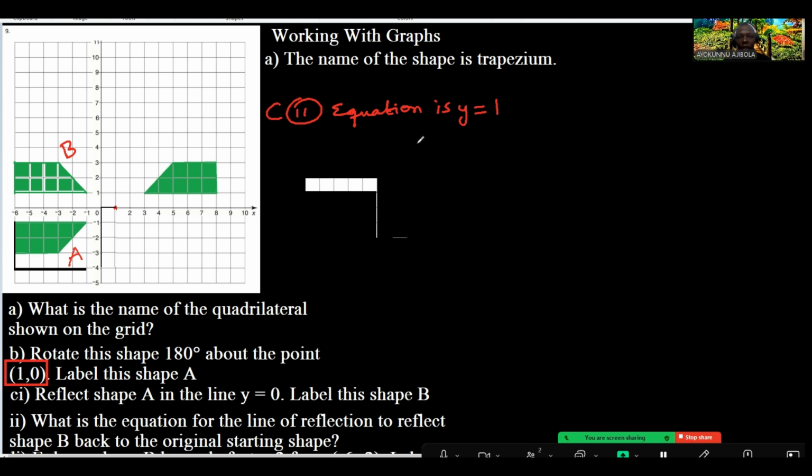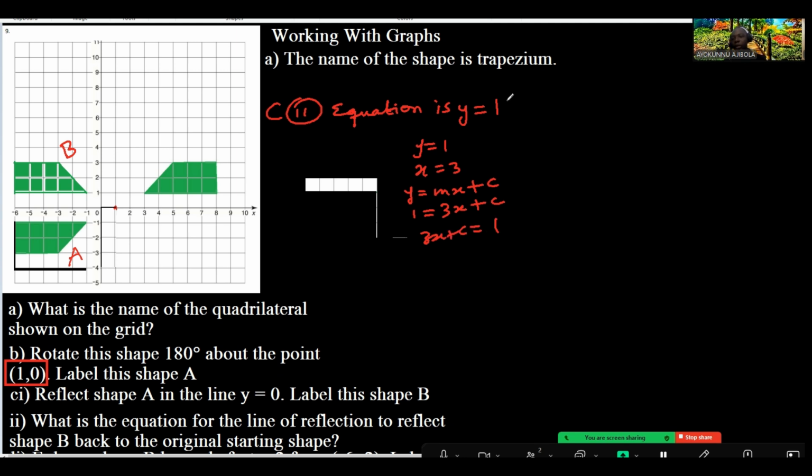So if y is 1 and x is 3, then y equals mx plus c. I'm trying to find something there. The equation is going to be 1 equal to 3x plus c, or 3x plus c equal to 1.